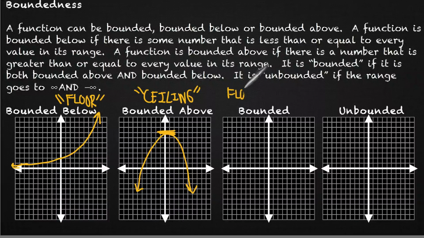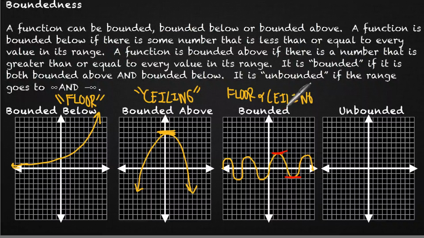It has a lower bound and an upper bound. A good example of that would be a sine curve, which we'll talk about in the second semester. It never goes above 1, and it'll never go below -1. So this is an example of bounded.